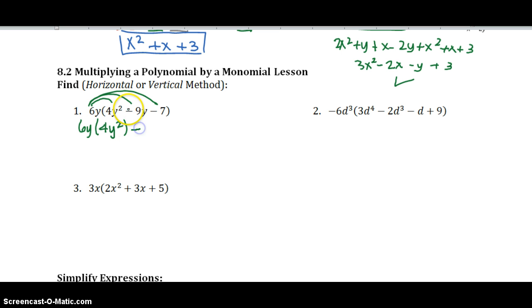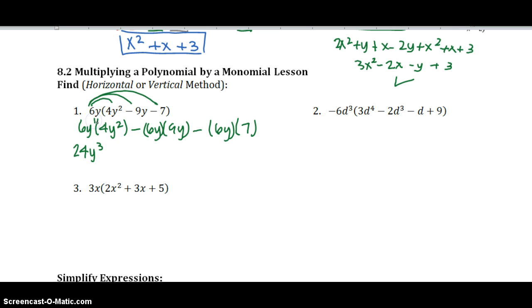Alright, that negative sign stays with the 9y, but 9y is getting multiplied by 6y, so it's a negative 9y. The negative sign stays there, and 6y is getting multiplied times 7. So here 6 times 4 is 24. Y times y squared, we add our exponents.